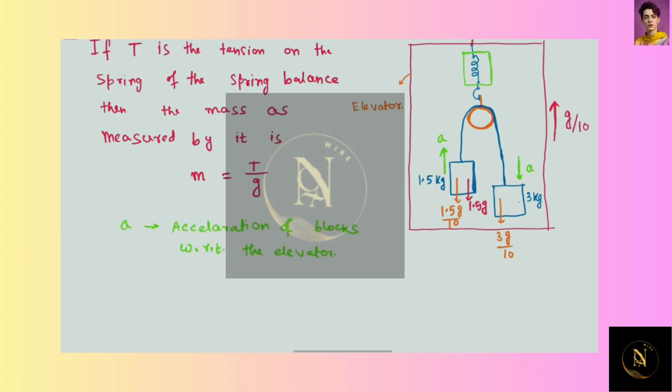The weight of the 3 kg mass again will be acting downward, that will be 3 g. On the string connecting the 3 kg and 1.5 kg blocks there will be some tension force, let's say that is T prime. As we know, in an inextensible string the tension force never changes, so on the 3 kg block also the tension force will be upward, that will be T prime.